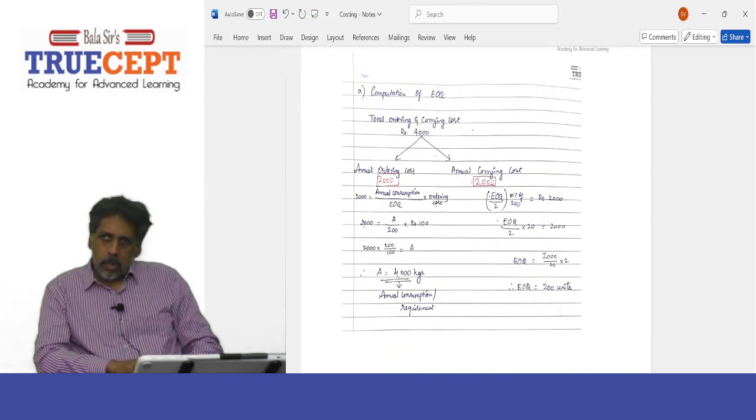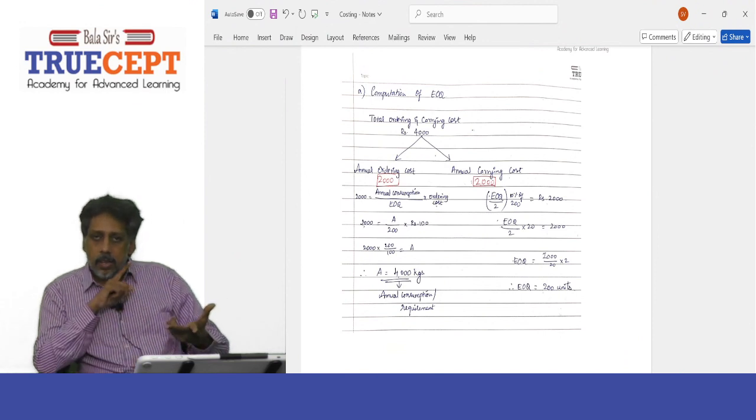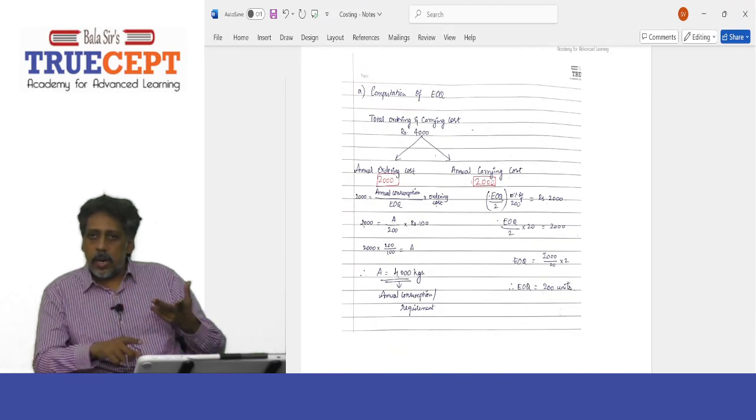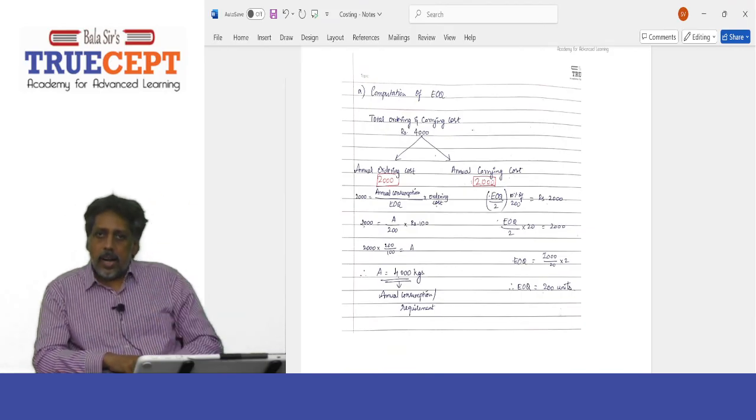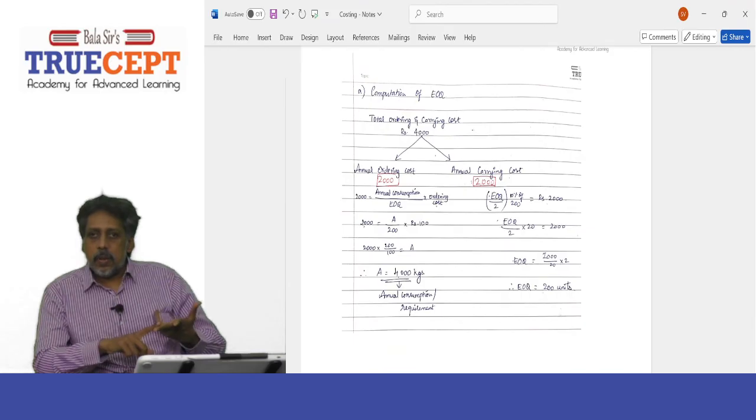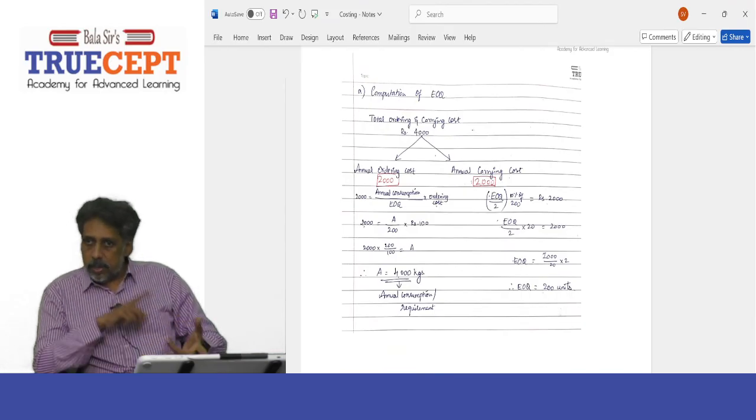Now, using the annual carrying cost formula, what is that? It is 2,000 rupees equals EOQ divided by 2, that is called average inventory, into the carrying cost per unit. In our example, rupees 2,000 equals EOQ, we don't know, that is the question asked, divided by 2 into how much?